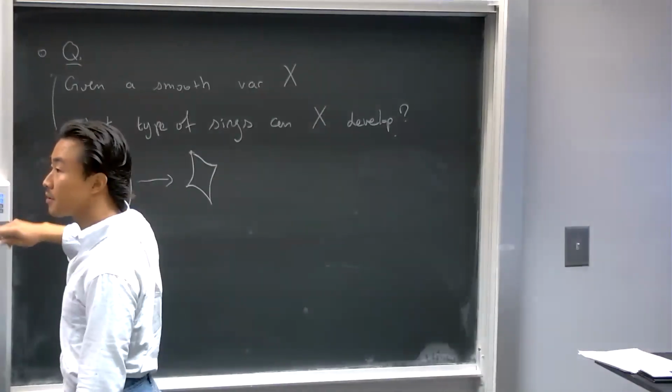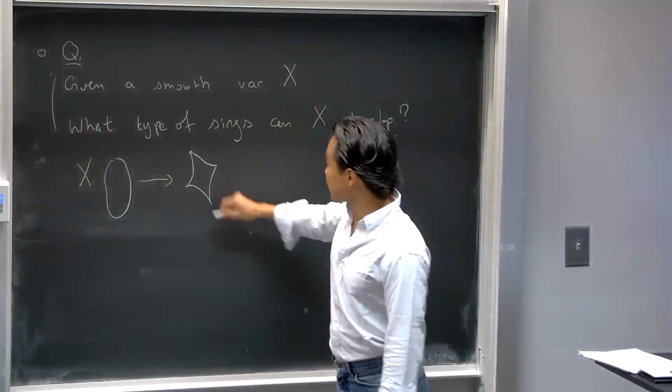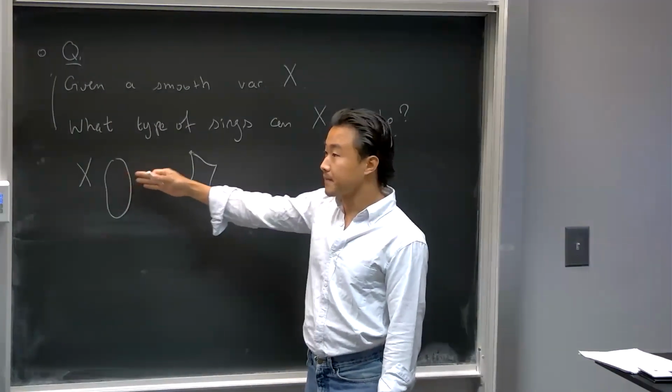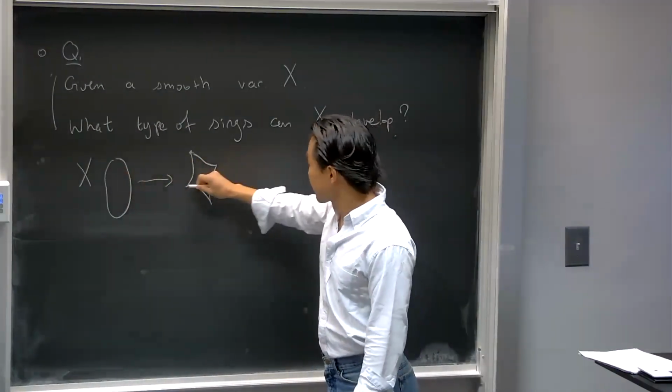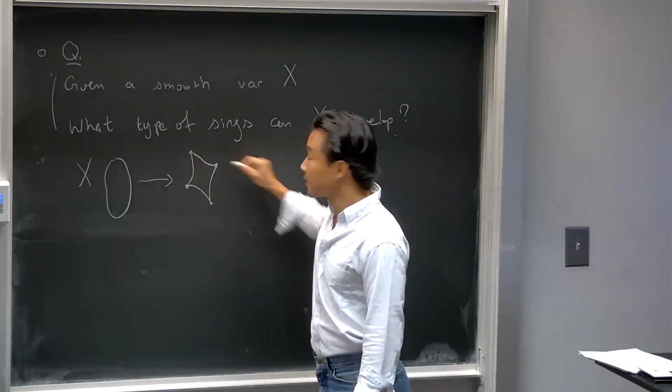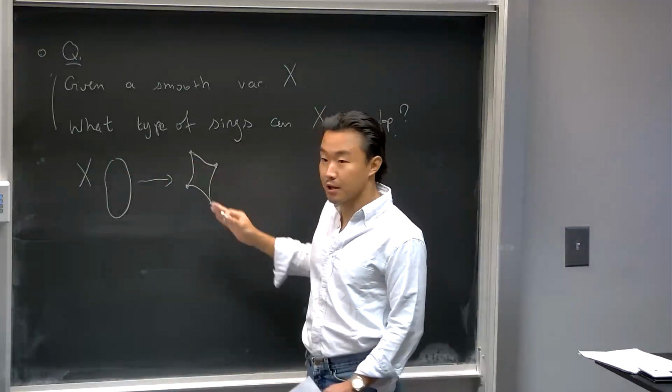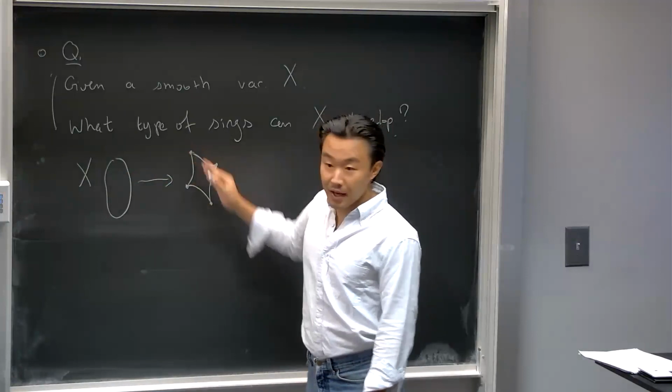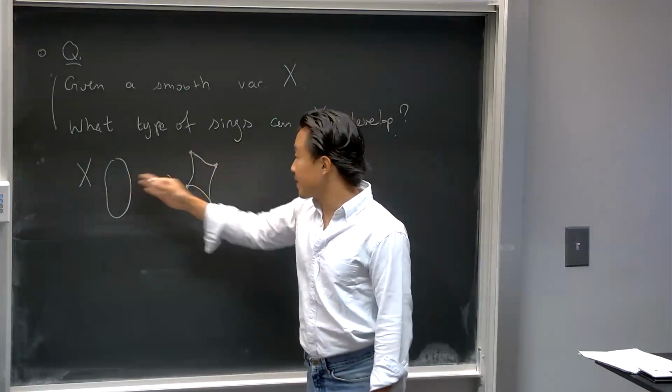So you start from a smooth variety and you start deforming it, and at the end you want to understand what kind of singularities it might get.